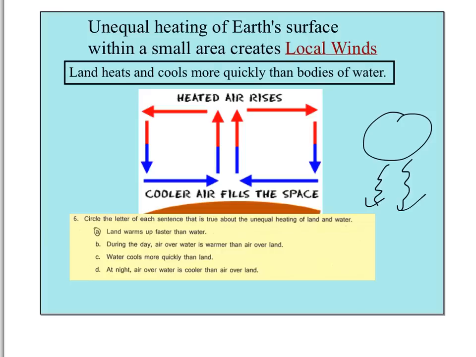And because there are unequally heated regions, this causes what we call local winds. And the biggest reason that this happens is because land heats up quicker than water. Okay, and when you have hot air rising off of land, it creates these differences in pressure, which then gives us our local winds.